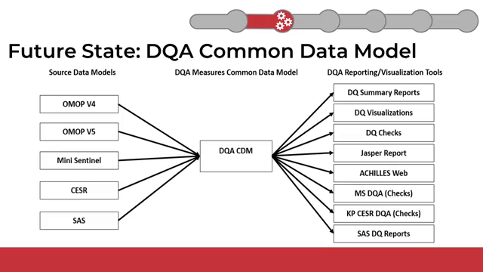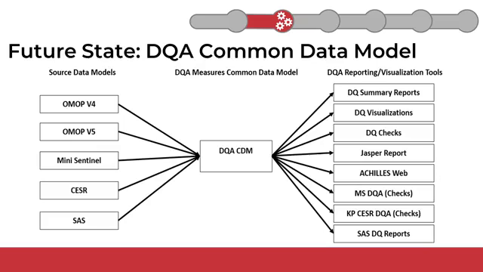While still a research endeavor, the data quality community is attempting to develop a single common data model for storing data quality measures that are independent of the source data model. When this structure finally exists, writers of tools that provide data quality rules, visualizations, and reports can use this common data model, making their capabilities available to any system that writes their data quality rules into the data quality common data model.